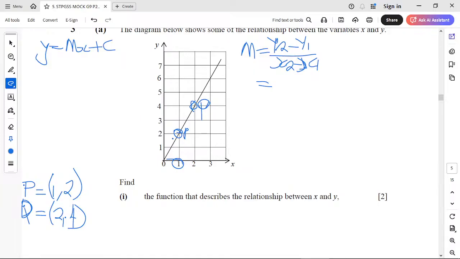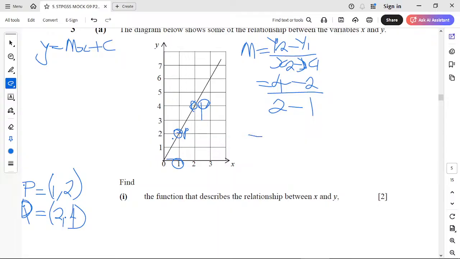Since we are starting from 0, we reach point P first, then point Q. So we have the reading of y on point Q, which is 4, minus the reading of y on point P, which is 2, over x2, which is 2, minus x1, which is 1.